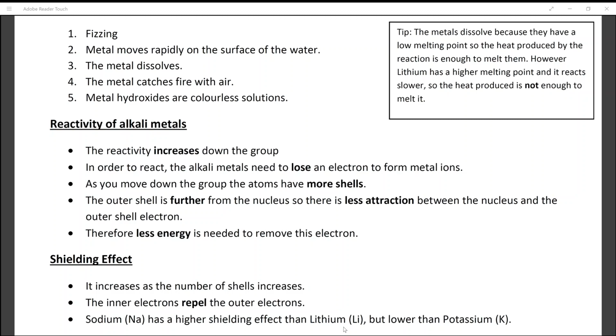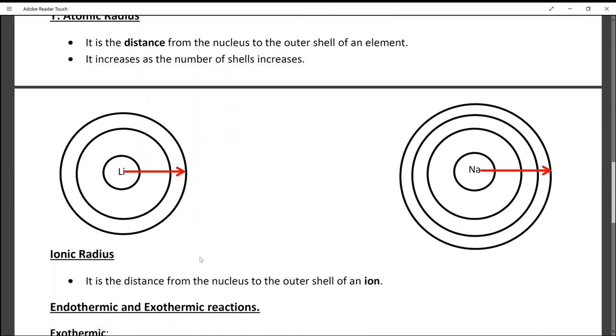I can also show it to you here. Lithium has two shells. This is the outer shell of lithium. Sodium has three shells. This is the outer shell of sodium. It is further away. The attraction between lithium and the outer electron is stronger because the outer shell electron is closer to the lithium, so the attraction is strong.